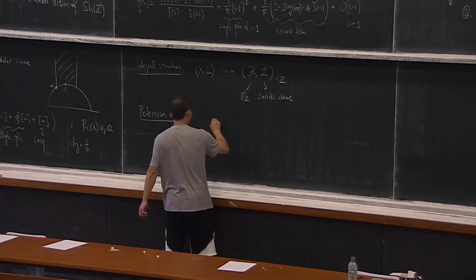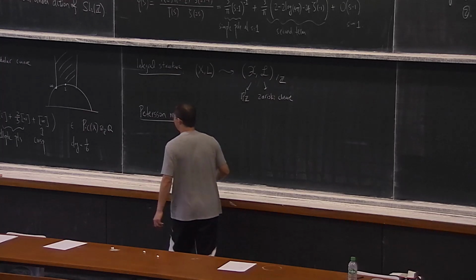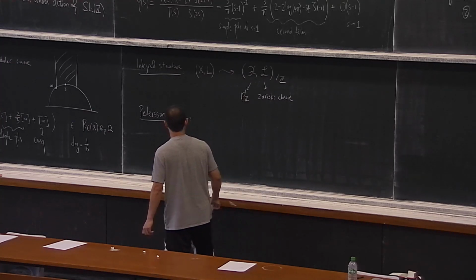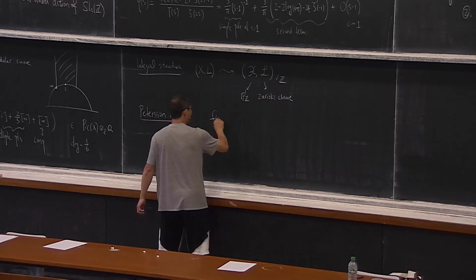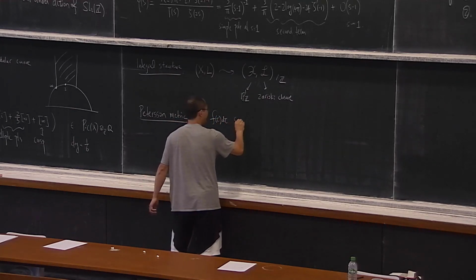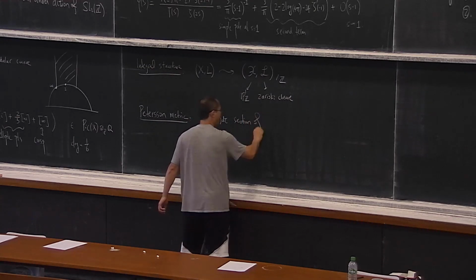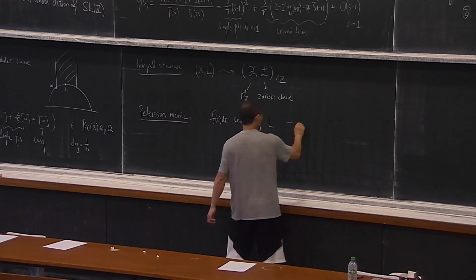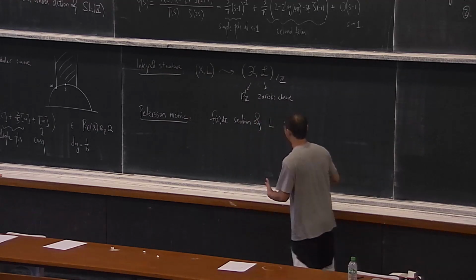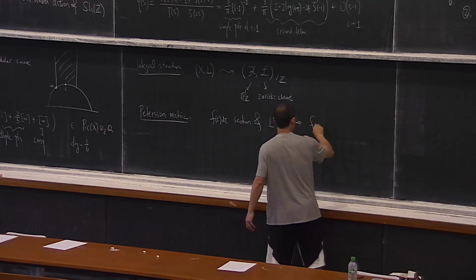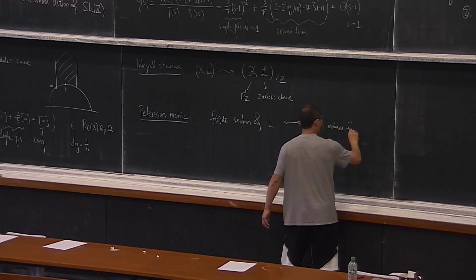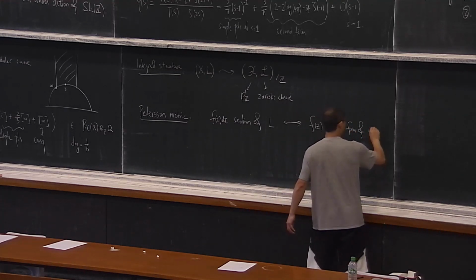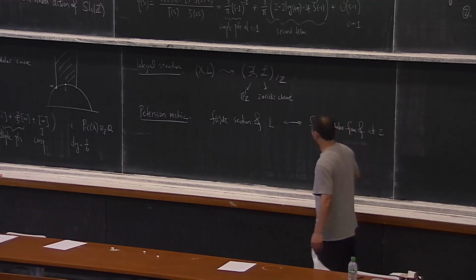If f(tau) d tau is a section of L, then that corresponds to a modular form of weight 2.